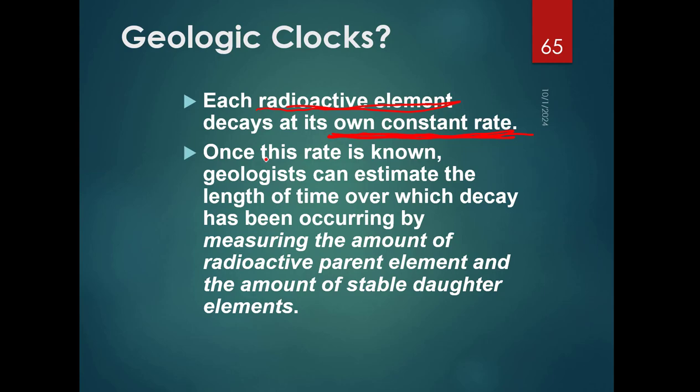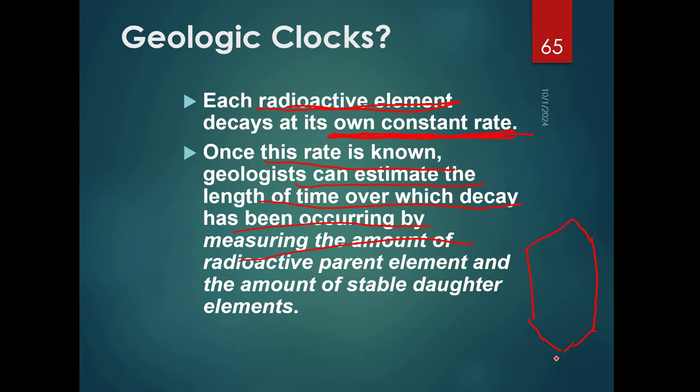Once this rate is known, geologists can estimate the length of time over which decay has been occurring by measuring the amount of radioactive parent elements and the amount of stable daughter elements. Imagine that you have a crystal, like a K feldspar crystal, in which we measured the radioactive isotopes.